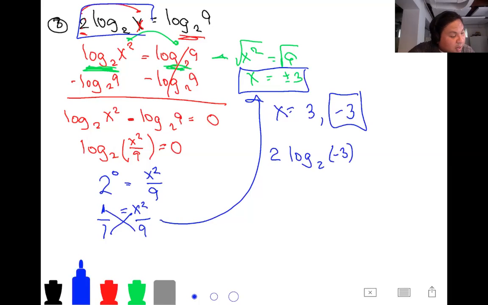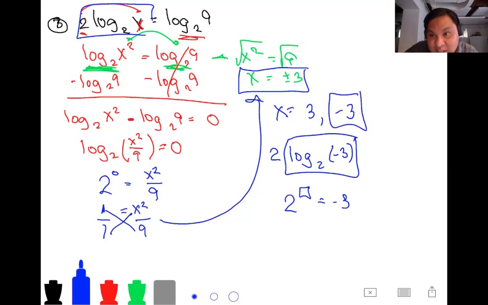The problem with this one is that there is no exponent for 2 such that it becomes negative. There is no such exponent. I mean, probably an imaginary one, if it's even possible to imagine that. So having a negative 3 to take a logarithm of is actually not acceptable. Therefore, the only acceptable answer here is x is equal to 3.